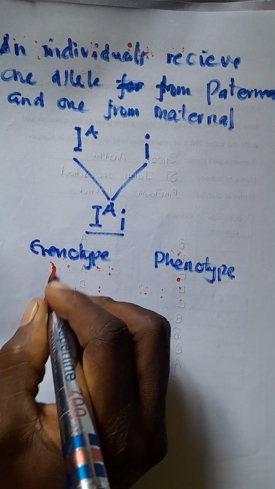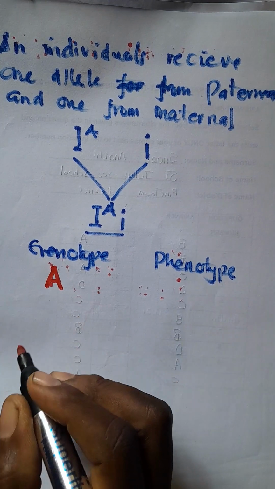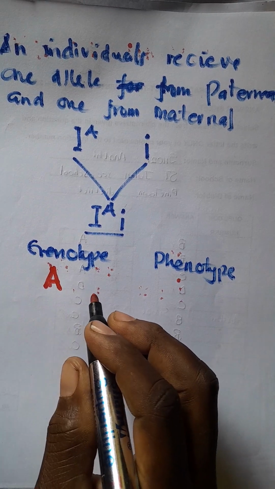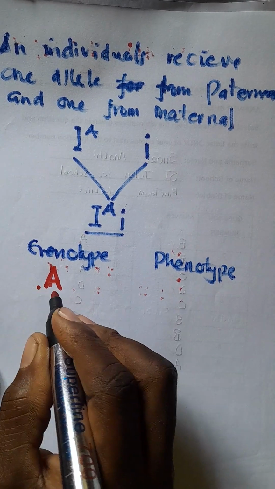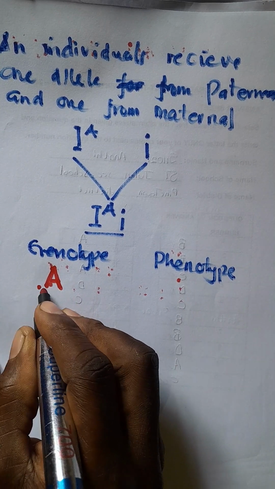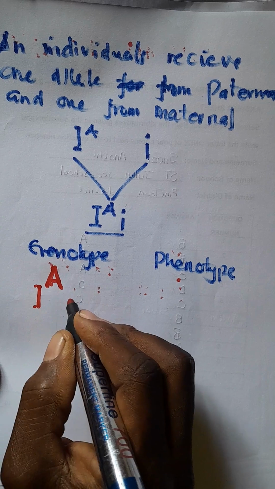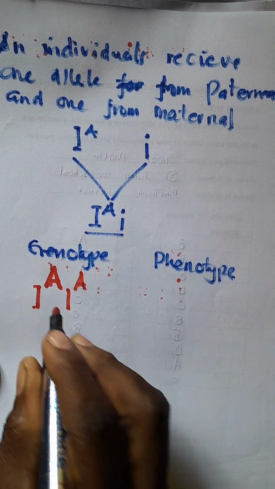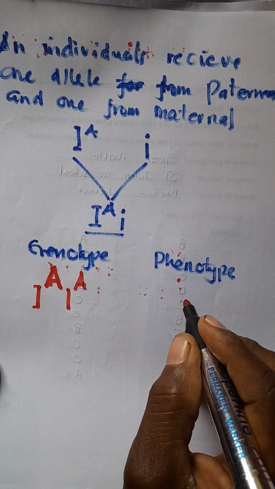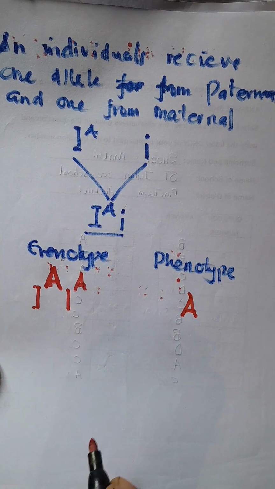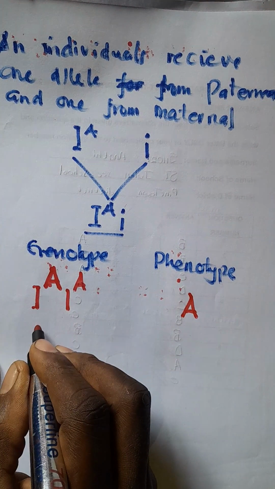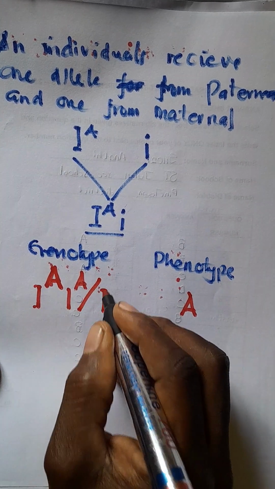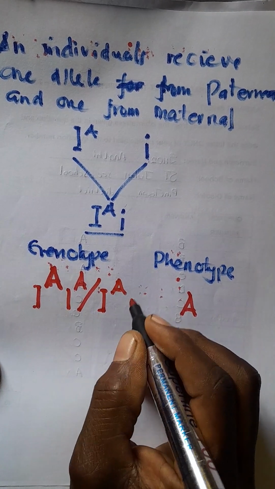For blood type A, remember, blood types is the only cross where you use letters for phenotype. Let's say an individual who is I^A I^A. Remember, you need two alleles. So this person is going to be blood type A. We use capital letter A. Then this individual, blood type A, can also be written as I^A and the recessive i.